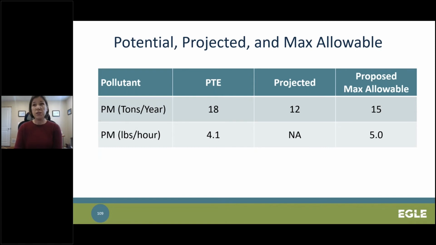You are not required to put projected and max allowable emissions in your permit application every time, but it is often very helpful for a permit engineer because it helps us give you a permit that is appropriate for your business and doesn't have limits so high that it causes you to have extra burdensome requirements.